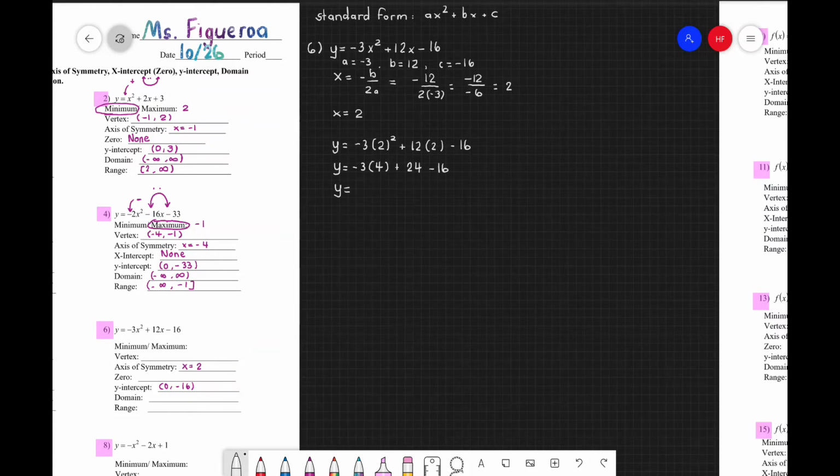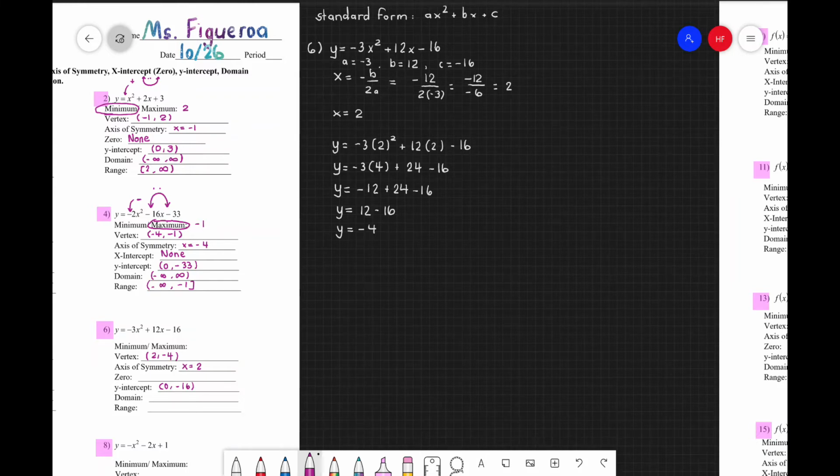Y equals negative 12 plus 24 minus 16. Y equals 12 minus 16. Y equals negative 4. So we have that our y value when x is 2 is negative 4. So that gives me a point at 2, negative 4. That's my vertex.